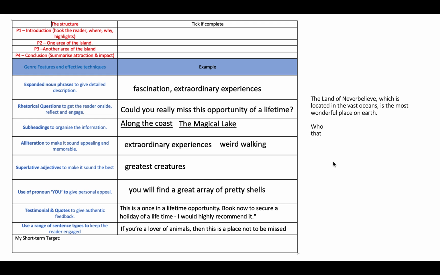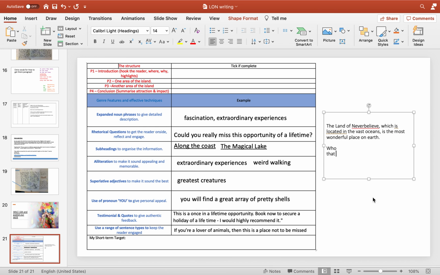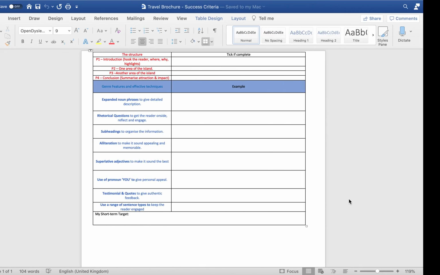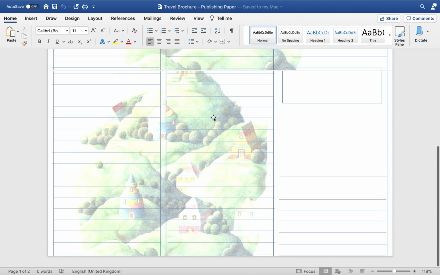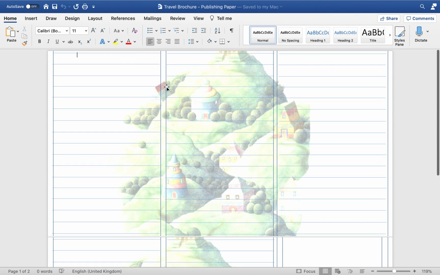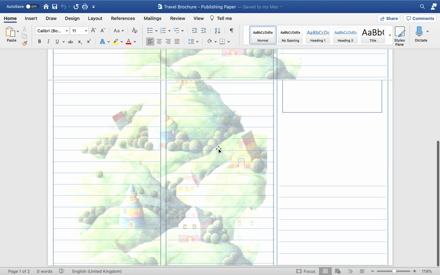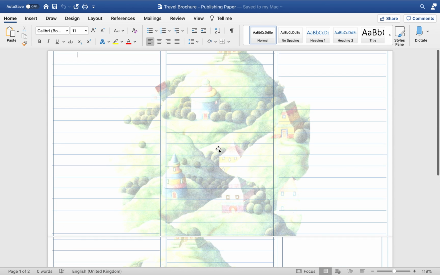Once you've done that, then it's our time to publish. So I have given you some publishing paper as well, but obviously I know that there have been issues in the past when we print out publishing paper, it likes to jump around and not fit on the screen. So print that out, see how you get on.